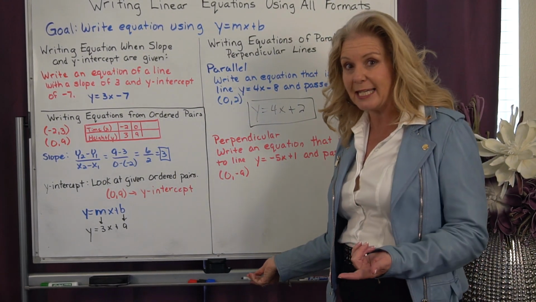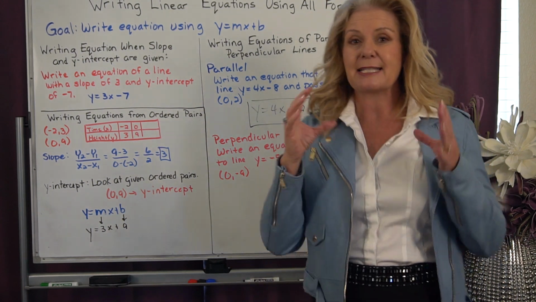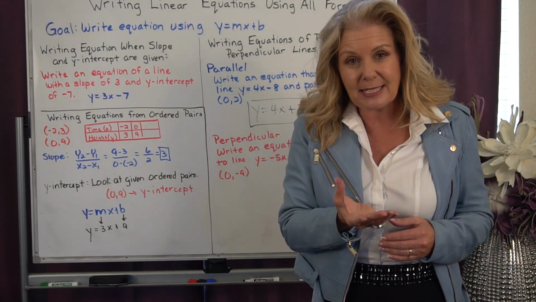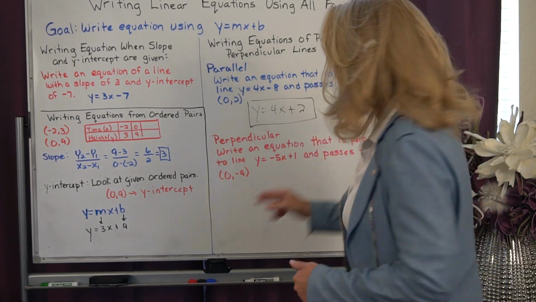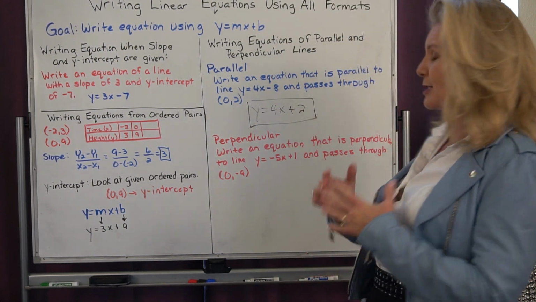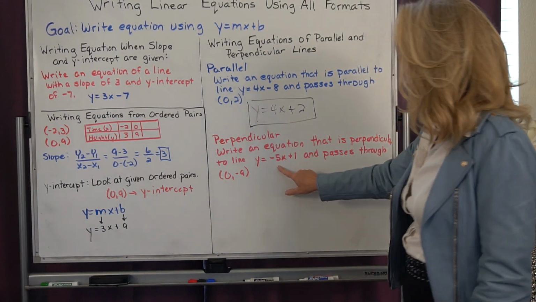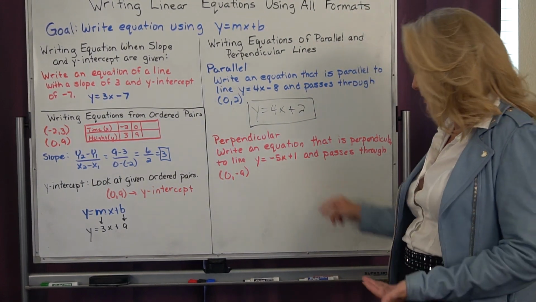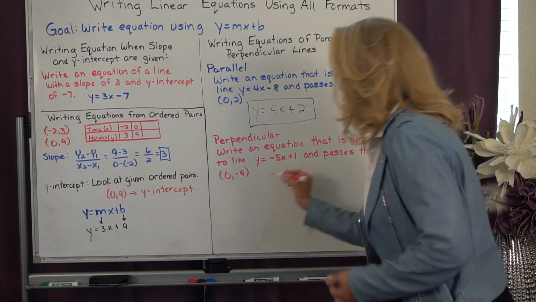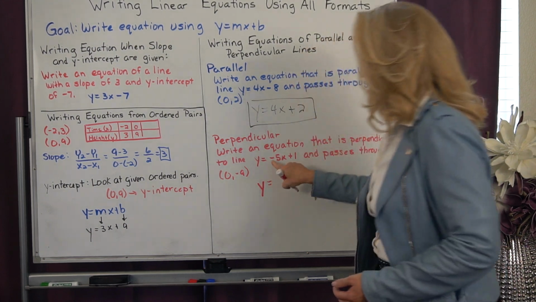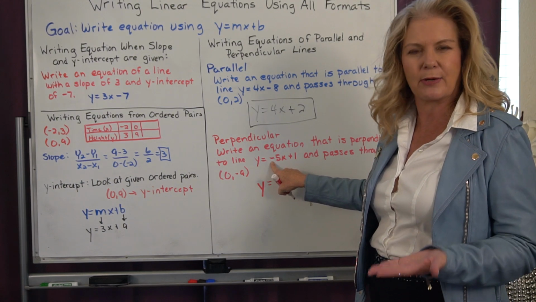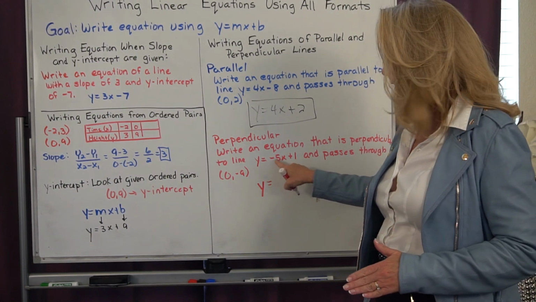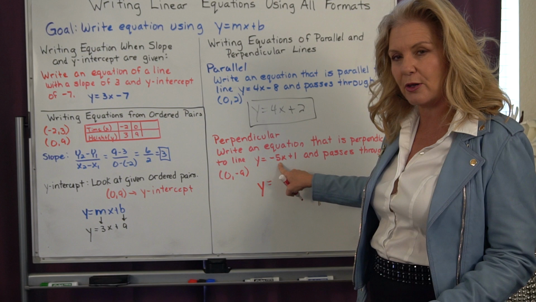Now, perpendicular, we talked about that slope has to be opposite, so the inverse operation and the reciprocal. So if it said write an equation that is perpendicular to line y equals negative 5x plus 1, well, I start off, my slope has to be the reverse operation, or integer sign I should say, so negative goes to positive, and I have to take the reciprocal of 5.